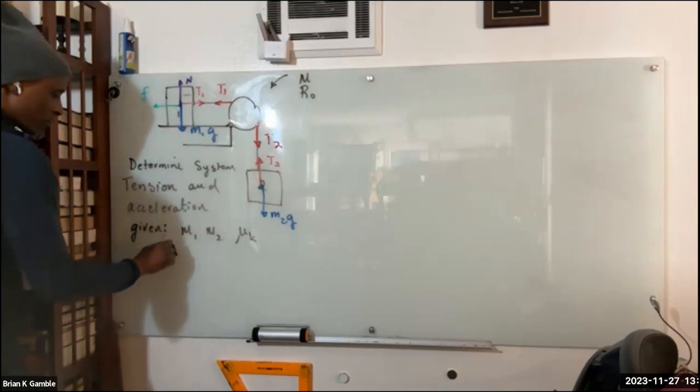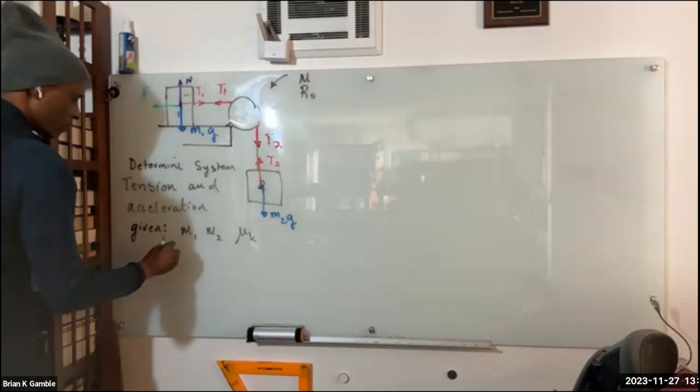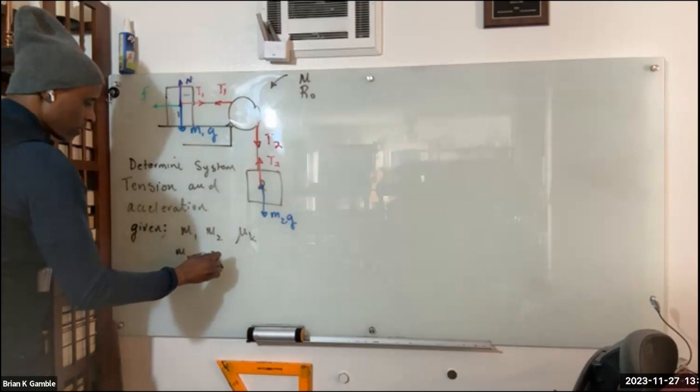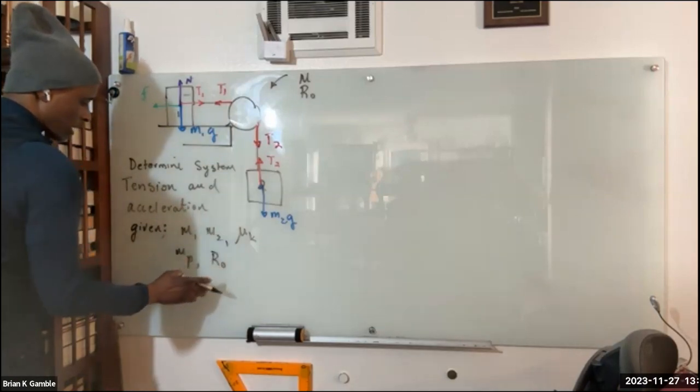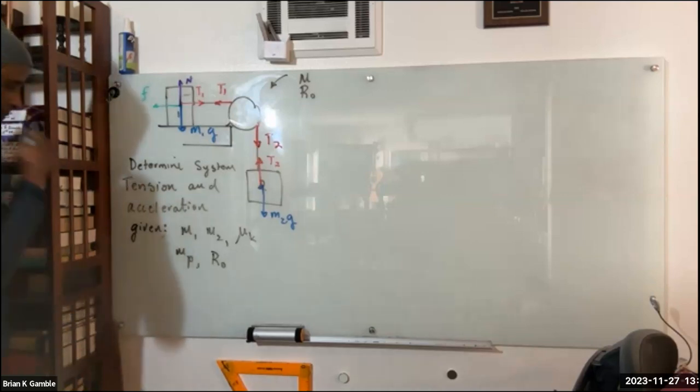So we have the mass of the pulley, which I'll call capital MP, and the radius of the pulley, R naught, or RP. I just do R naught.